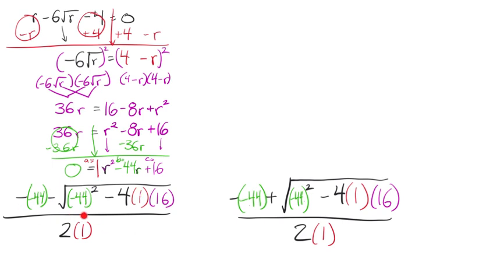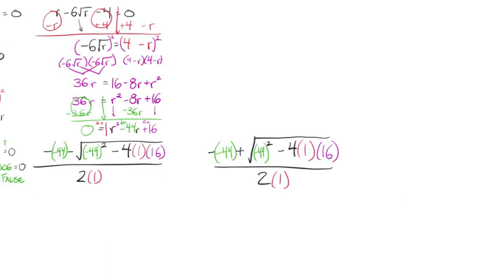So I'm just going to do this one because as I evaluate the discriminant here, of course, it's going to be the same value in this discriminant here on the right with the plus sign. So first up, and again, I don't really need to do this by hand, especially with that negative 44 squared, but I can at least set up the rest of my problem.